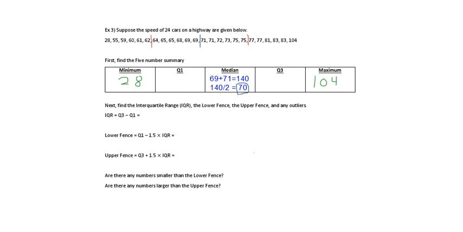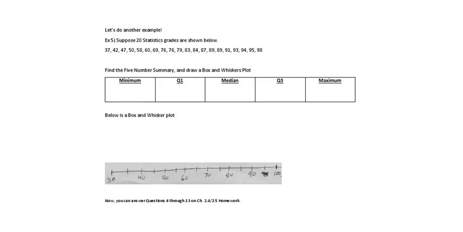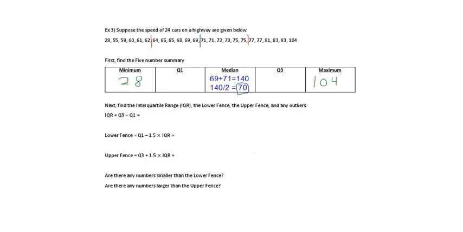For Q1, we're going to do 62 plus 64, which is equal to 126. And then finally, 126 divided by 2 equals 63. So Q1 is 63. And then finally, for Q3, we will do 75 plus 77, which is equal to 152. And then 152 divided by 2 equals 76. Very good.